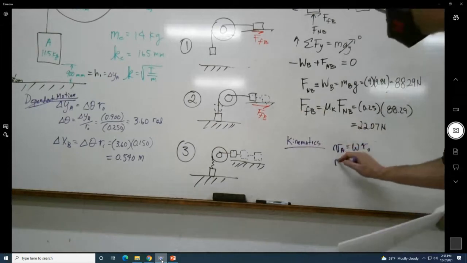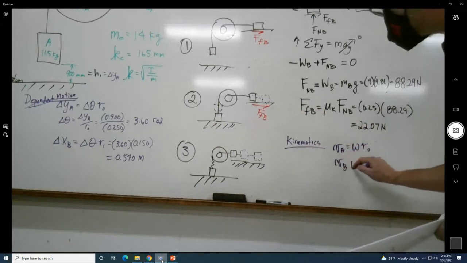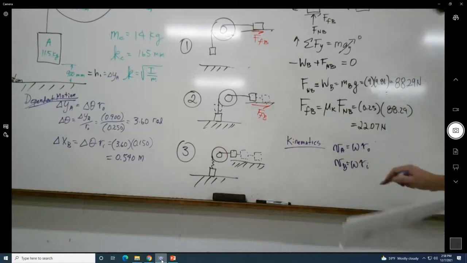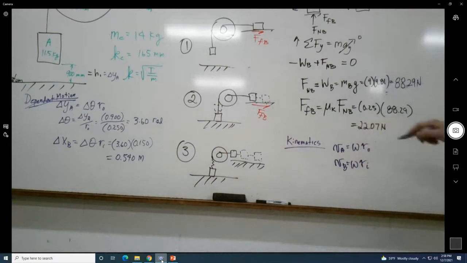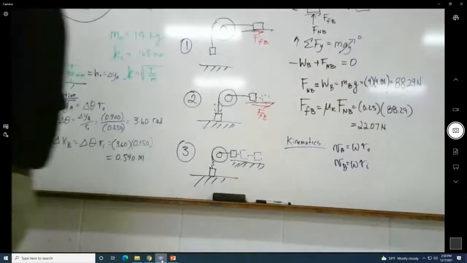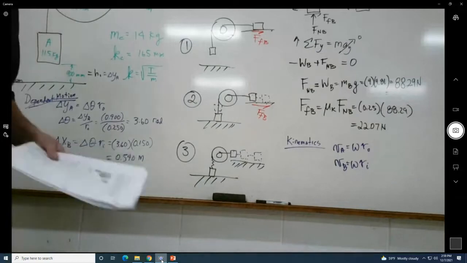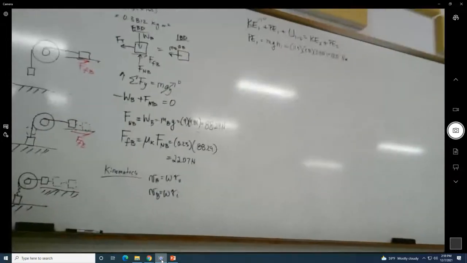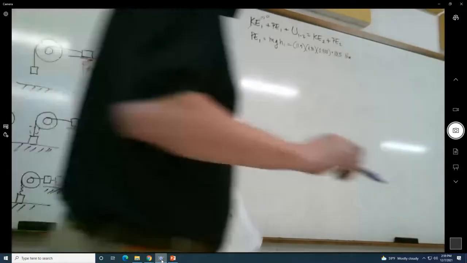And then the velocity of B is equal to omega times RI. So later on, we're going to want to do that when it comes to the kinetic energy. So much fun, juggling. Okay.